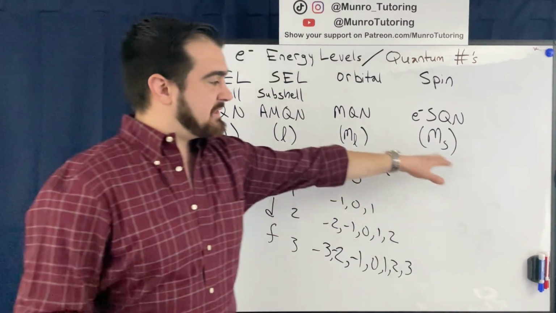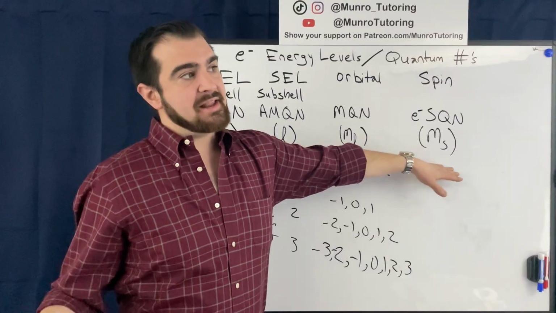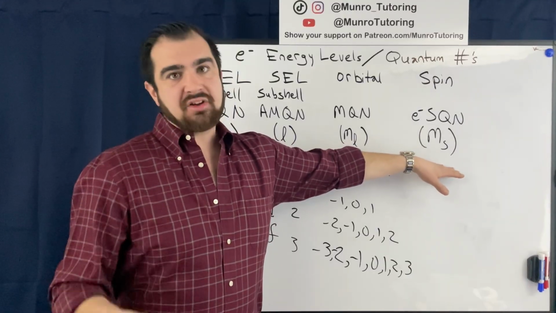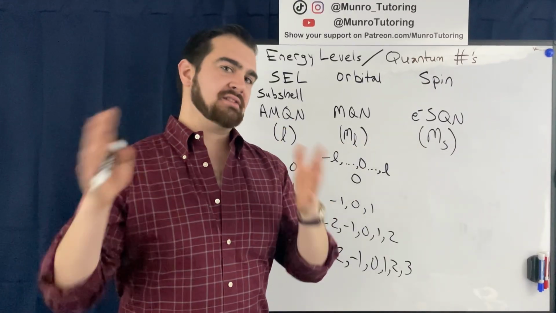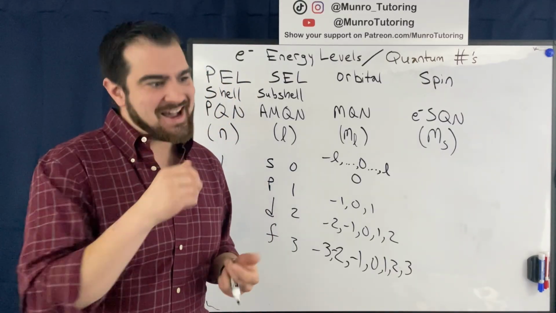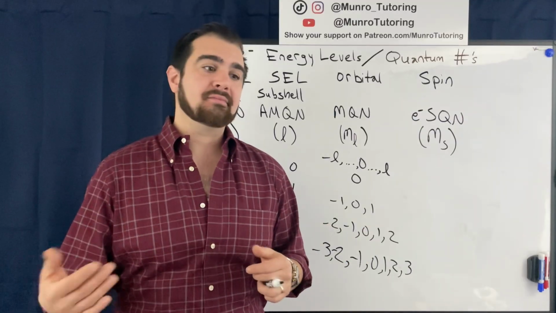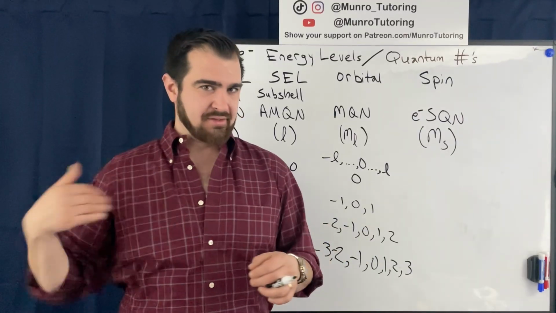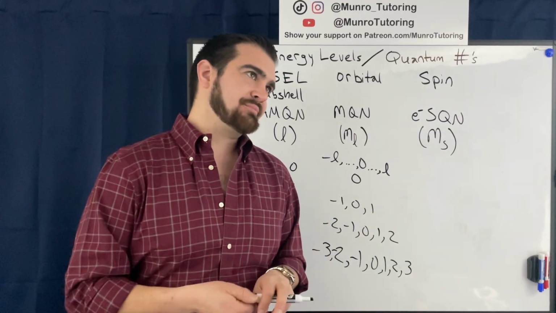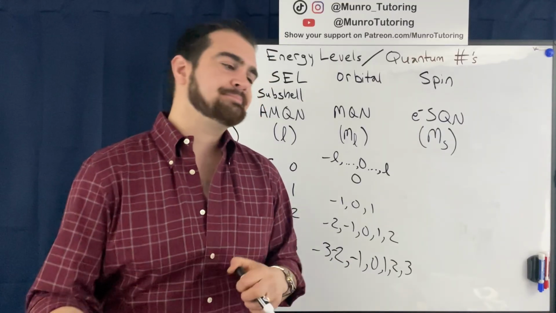Now, the final thing is the spin. And I didn't mention this yet, but electrons have what we call a spin associated with them. And the idea is that, an analogy would be how a magnet has a north and a south end. So electrons have a magnetic field associated with them.